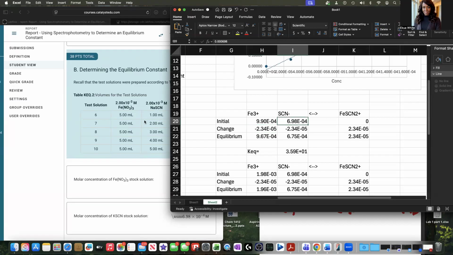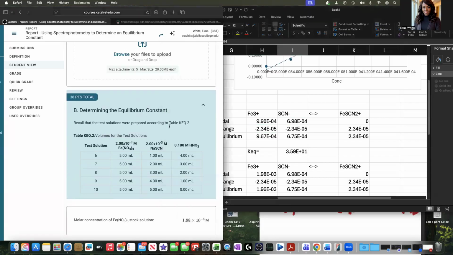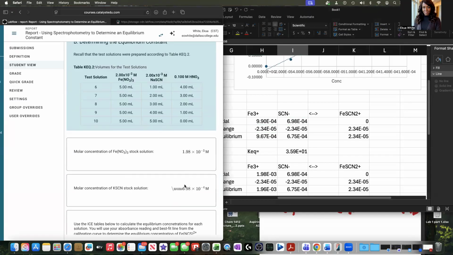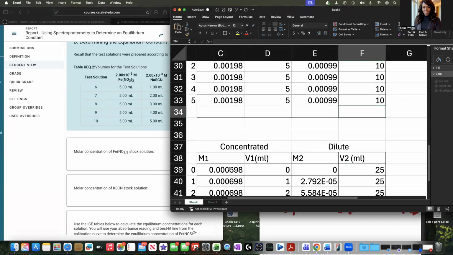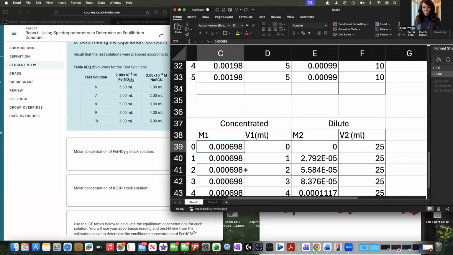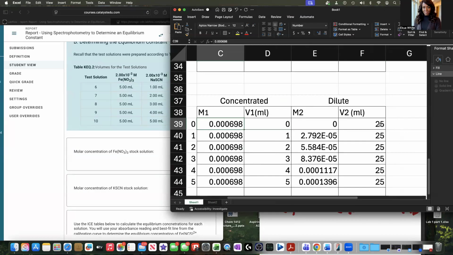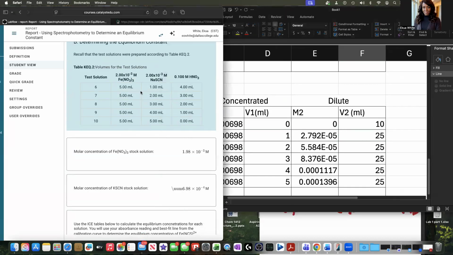Okay, to change this part here, our initial concentration is the amount I put here, this 6.98, but I have to do M1V1 for that. So 6.98, the second one here. This time we're doing 1, 2, 3, 4. The final here is also 10. It is 10, right? 5 plus 4 plus 5 plus 1 plus 4 is 10.